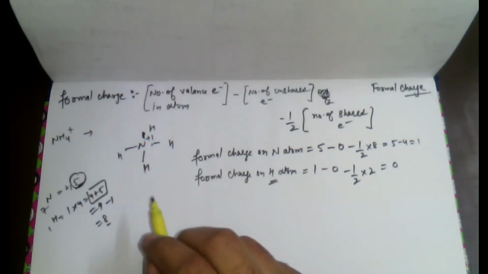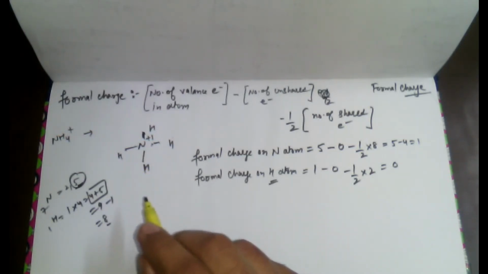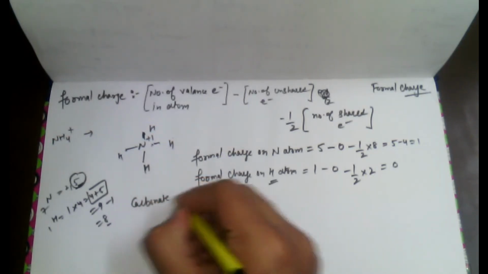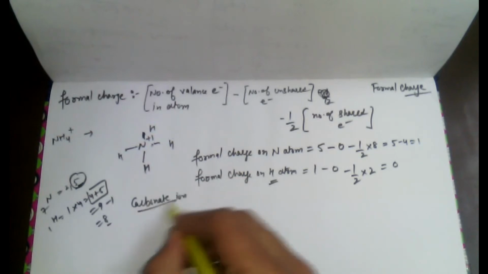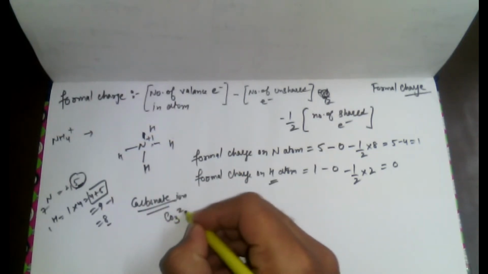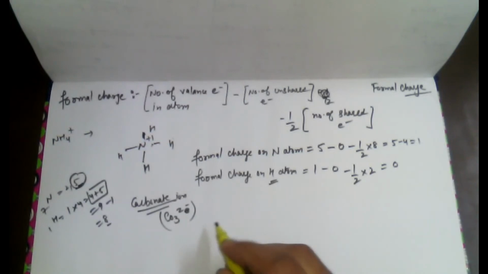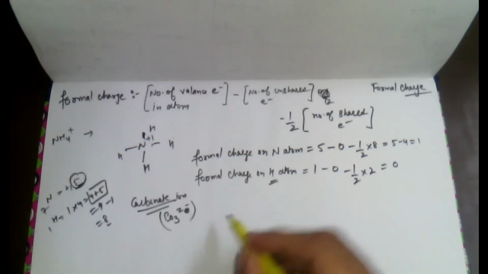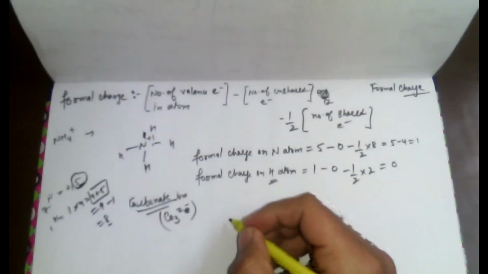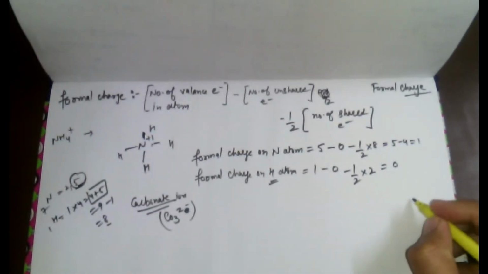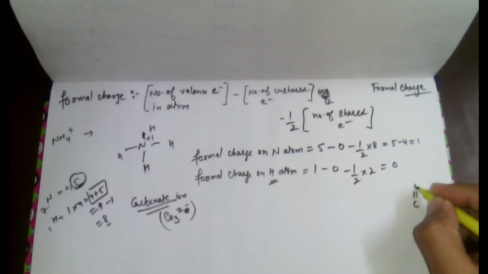Let's take another example, the carbonate ion, CO3 2 minus. Okay, how to draw the structure? After following the rules of writing Lewis structures, we are able to draw the structure.